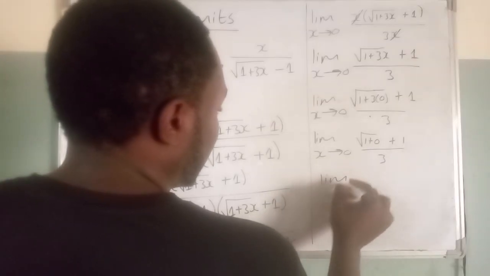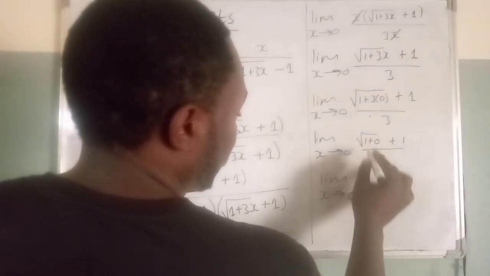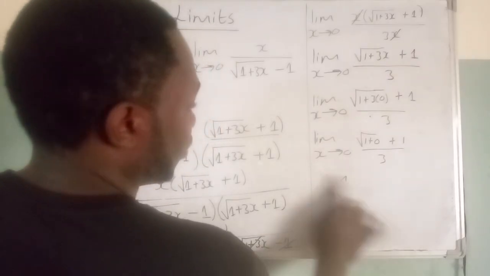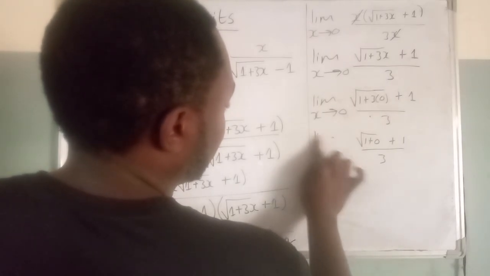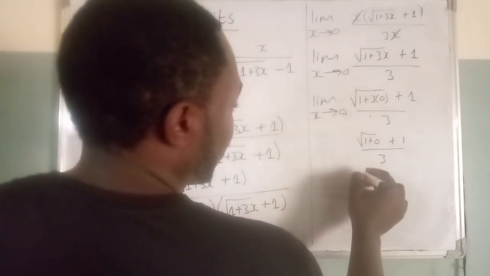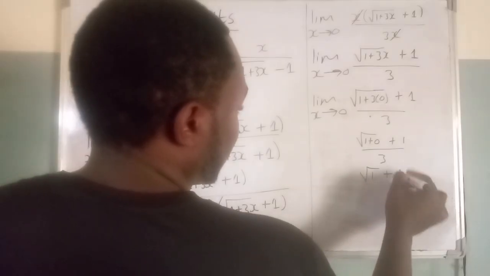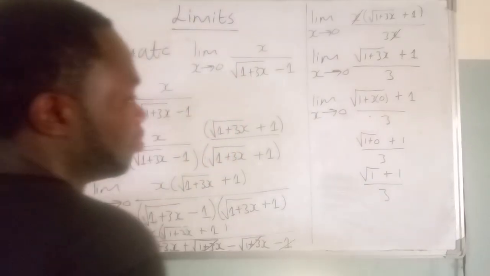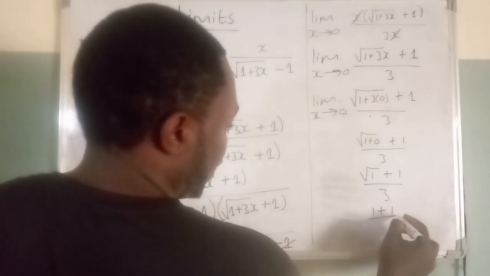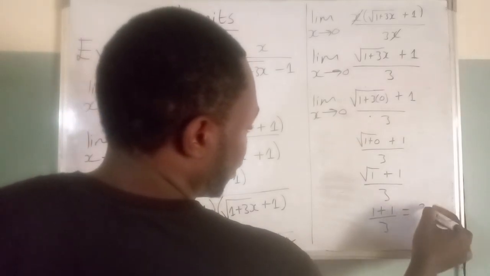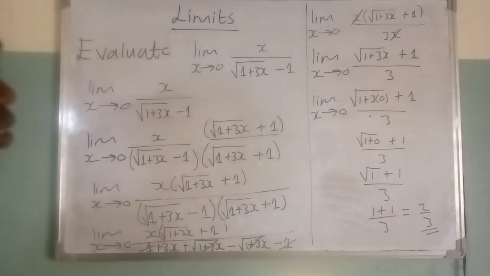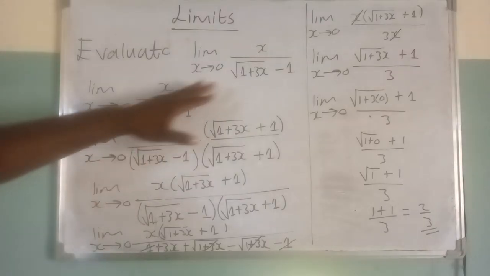Since we've substituted by 0 here, that's the end of the limit. So this now will be the square root of 1 plus 1, then divided by 3. What's the square root of 1? That is 1. So 1 plus 1 divided by 3, and this will give us 2 over 3. And this is the answer after evaluating the limit of this one.